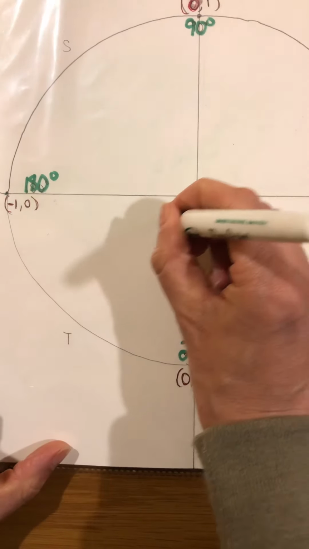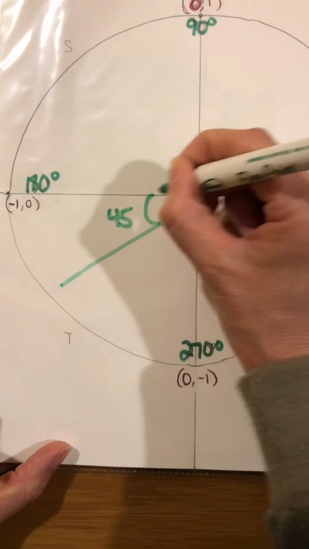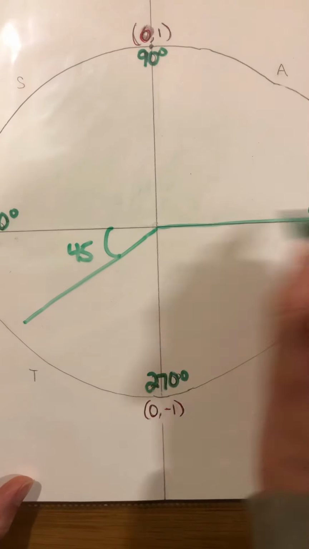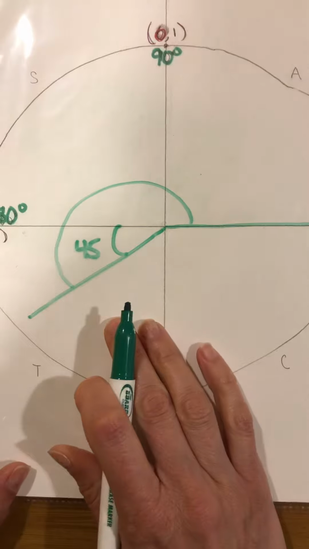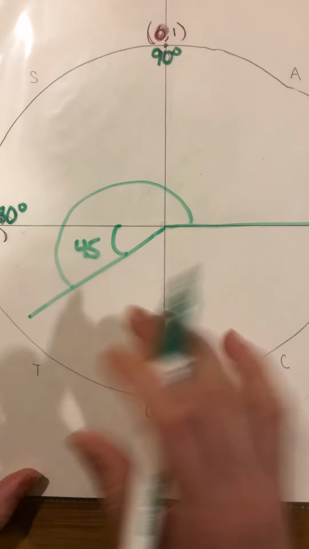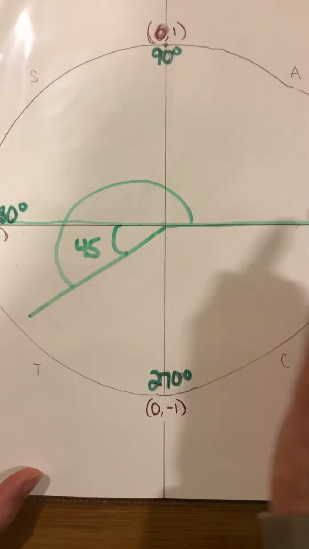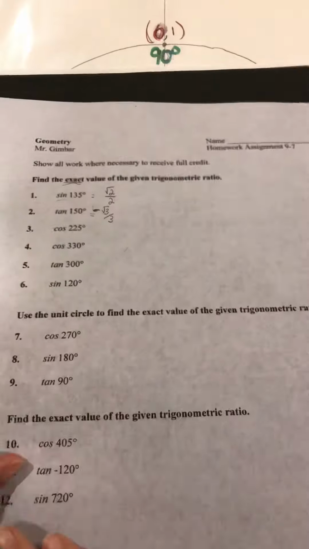So we're talking about a 45-degree reference angle. So from the initial ray, that's called the initial ray, all the way over to here, that is how we get 225 degrees. But again, we want to find the closest angle to the x-axis, which is right here, and that's 45 degrees. Our reference angle is 45 degrees.